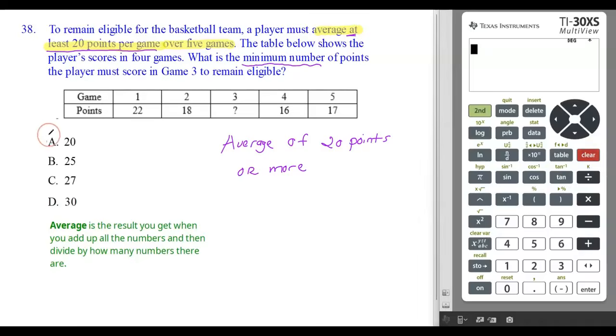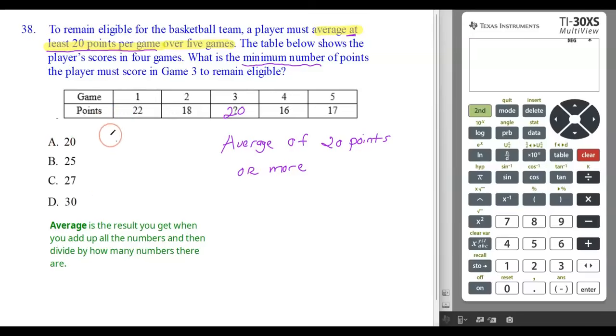So let's assume, and again, you need to know what your answer choices represent. They represent the number of points he needs to score in game 3. So let's look at answer choice A, and it's 20, so I'll put a 20 here. We'll find the average of the points for the 5 games and see if it's 20 points or more. If it is, then A is our answer.